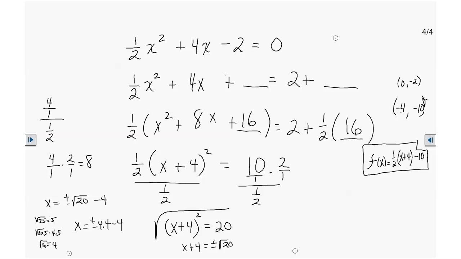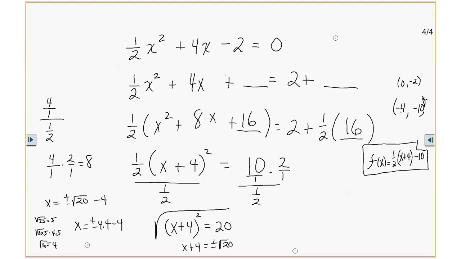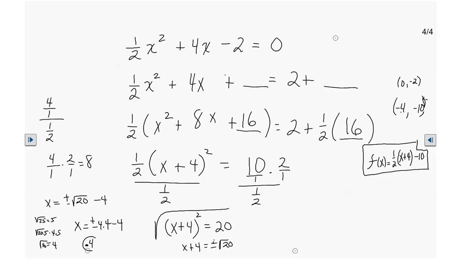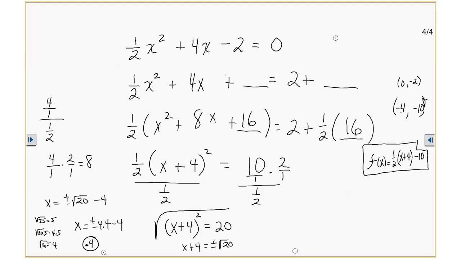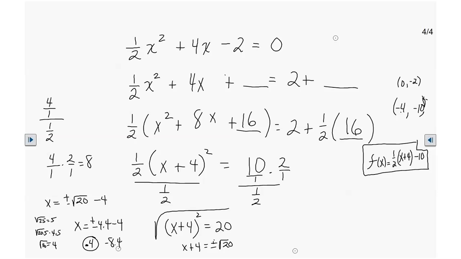And what's 4.4 minus 4? 0.4. And negative 4.4 minus 4 is negative 8.4.